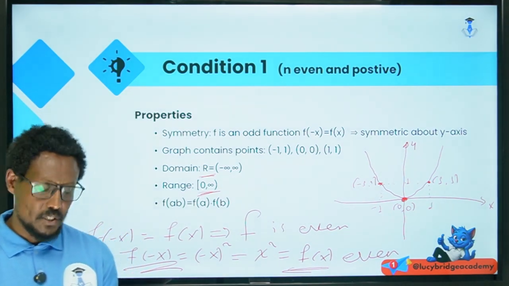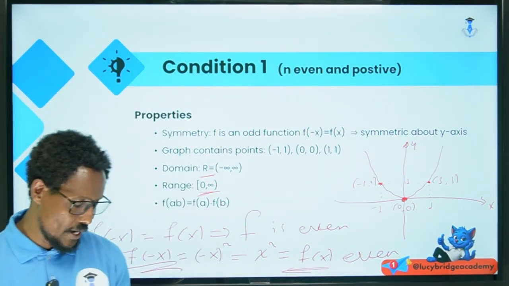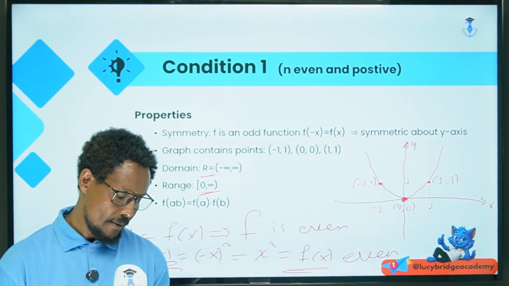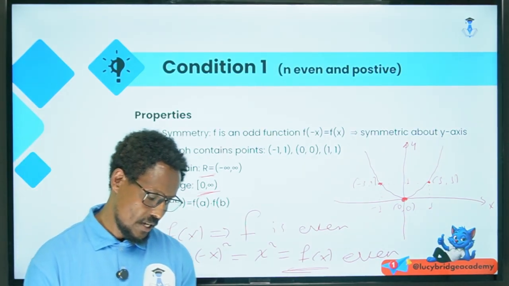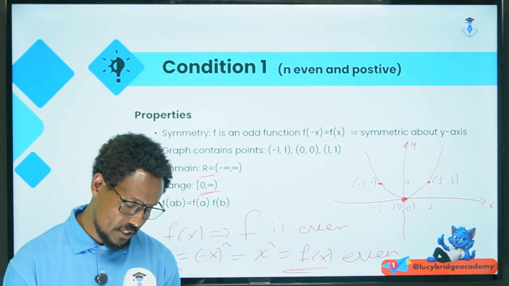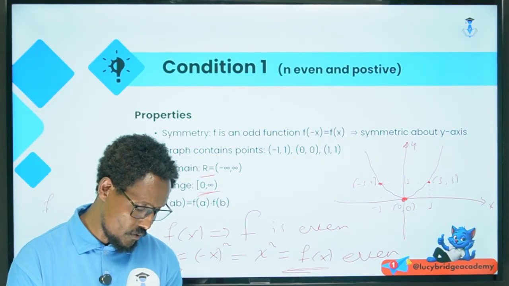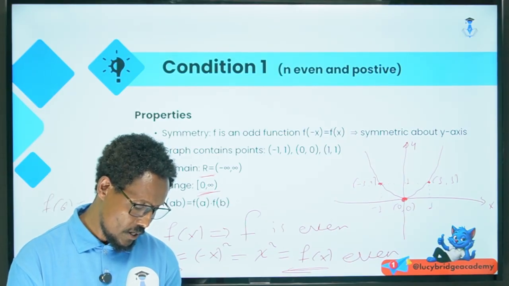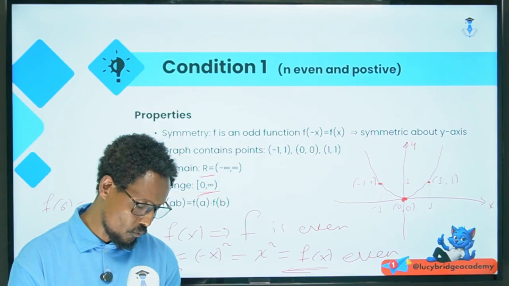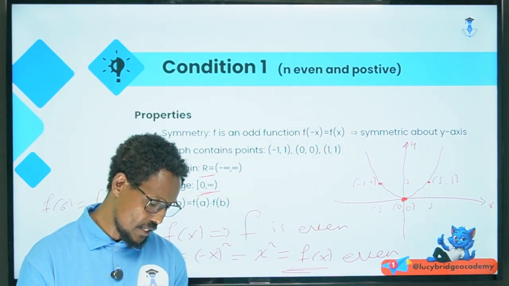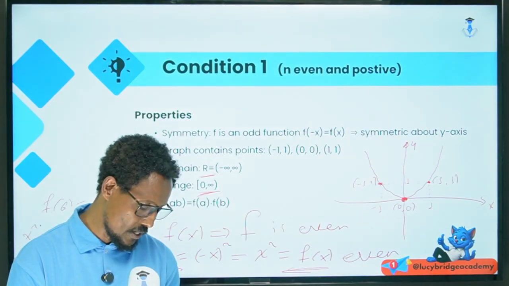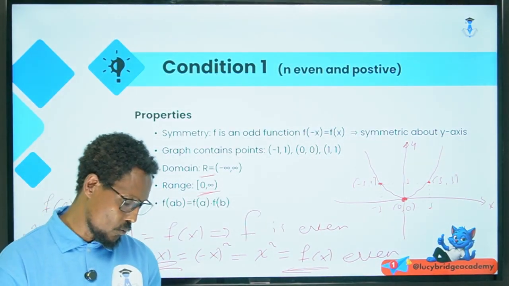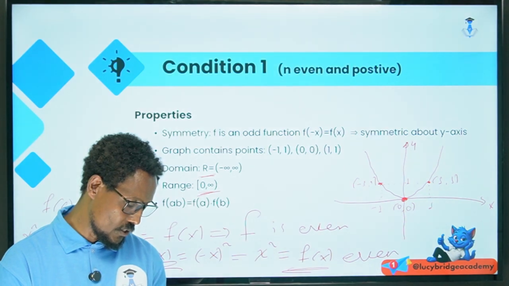f of a times b is equal to f of a times f of b. If you take for example f of 3 times 2, this means f of 6. f of 6 is equal to f of 3 times f of 2 ማለት ነው። ኦኬ ለምሳሌ f of 6 ስንት ነው? x square ብንወስድ, if we take x square, f of 6 ስንት ይሆናል? 6 square, which is 36.